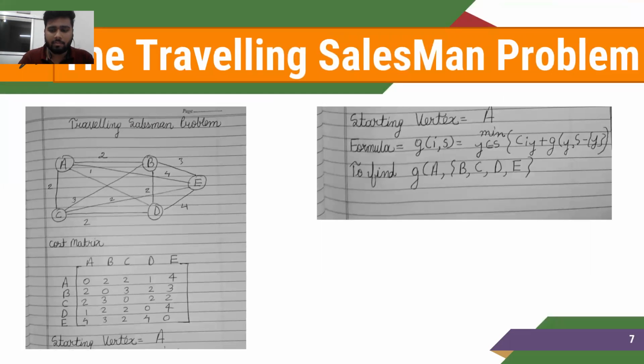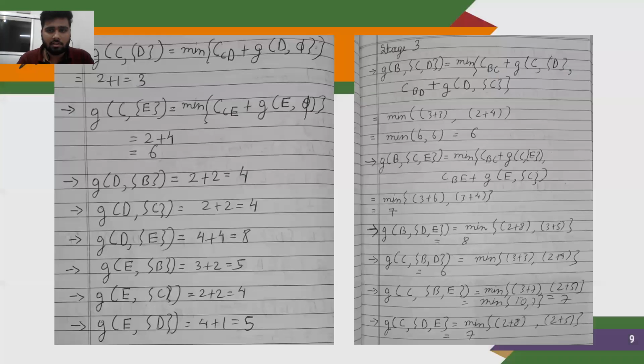Now we're back to stage 3. After putting in the formula, we are getting two functions, like the minimum of this function comma this function. So the minimum of 6 comma 6 is 6. Now we will form the other combinations.